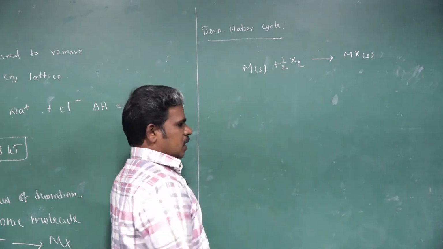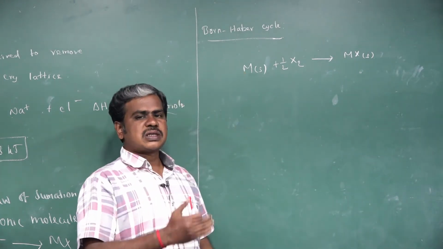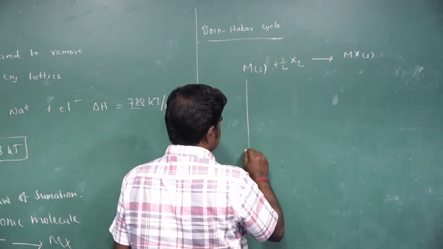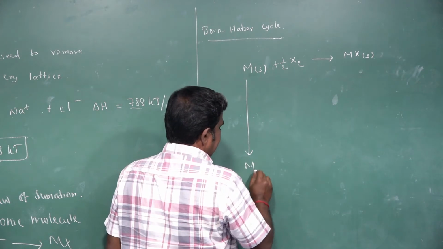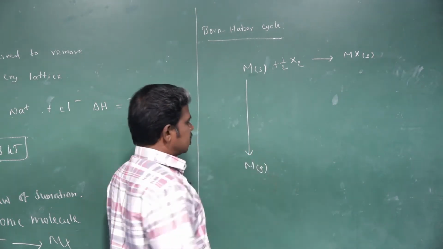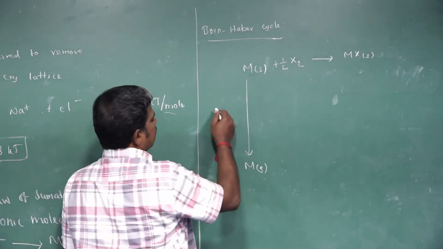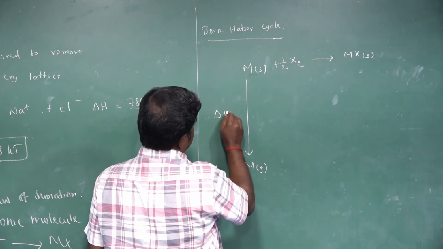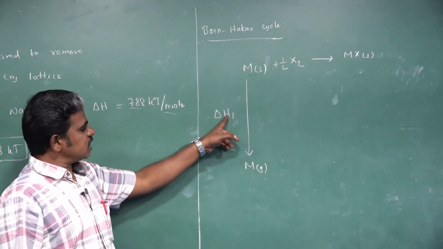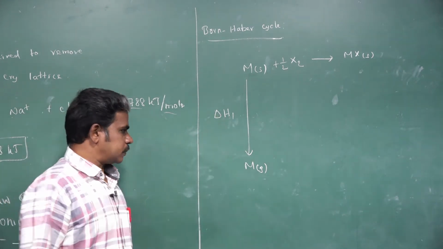In the first process, the metal solid on sublimation produces metal gas. Here there is a sublimation process, the solid is converted into gas. The enthalpy change for sublimation is delta H1.